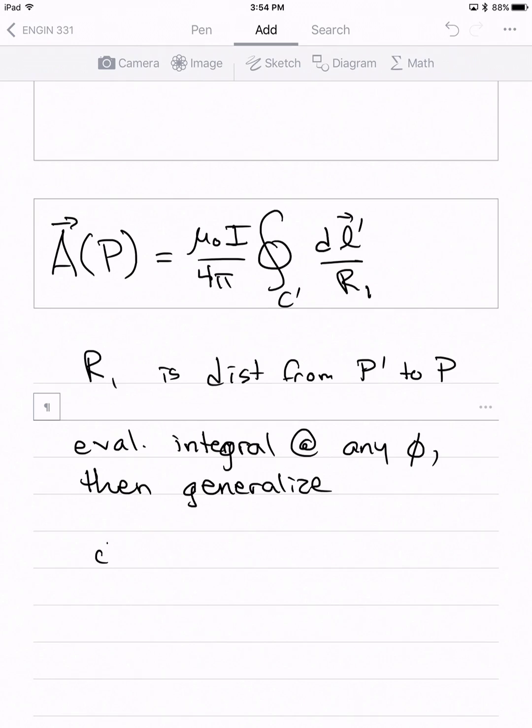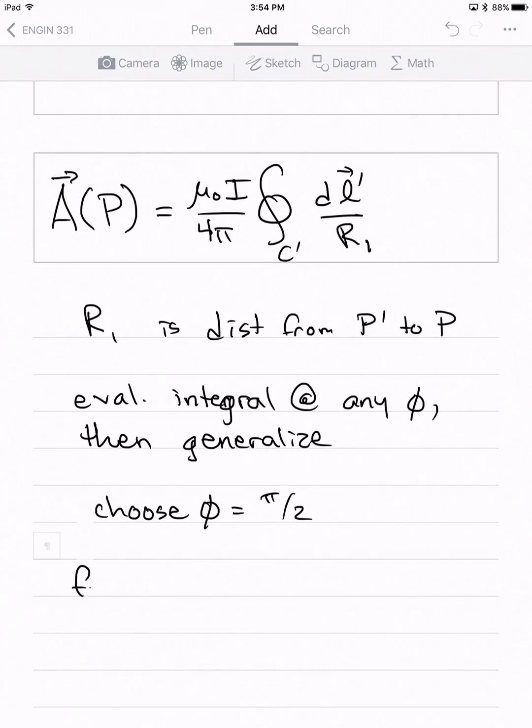So we're going to choose phi equal to pi over 2, mostly because it's convenient. It makes all of our numbers fall out nicely later. We're going to find A at P equals R, theta, pi over 2.